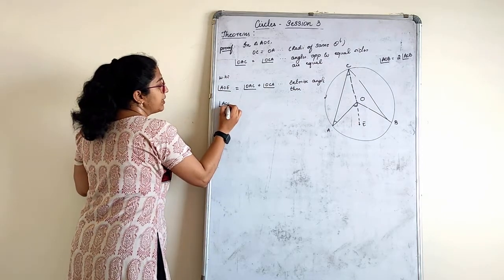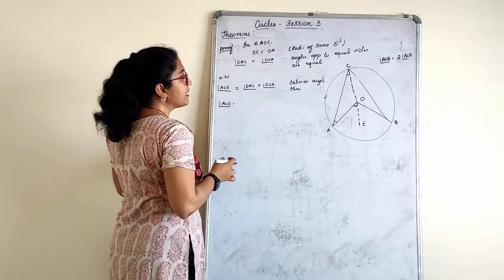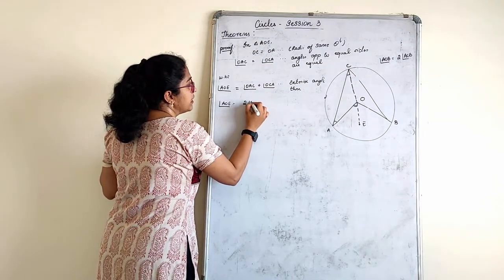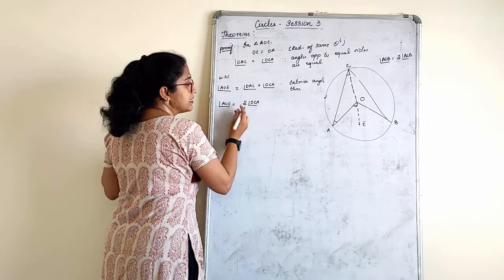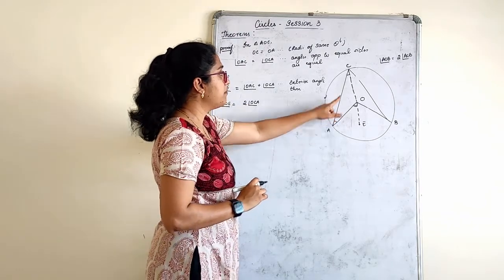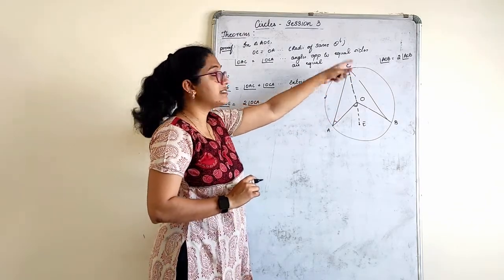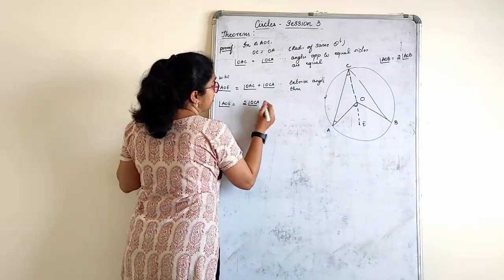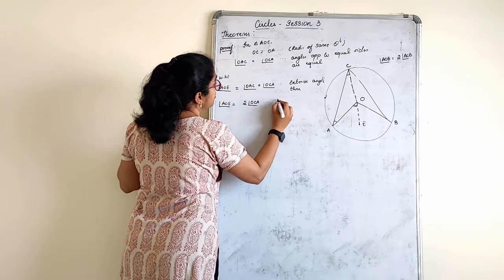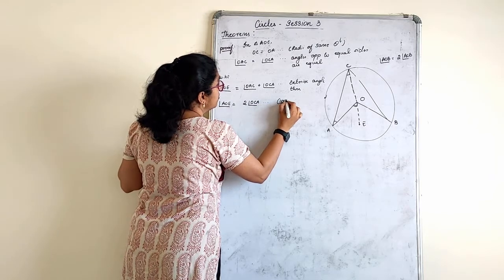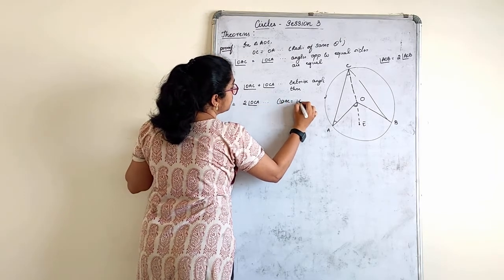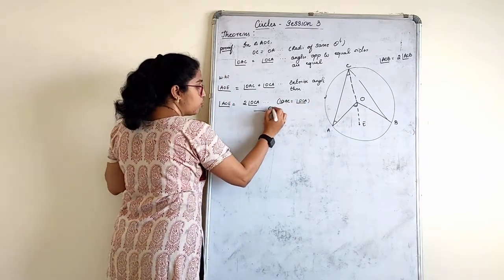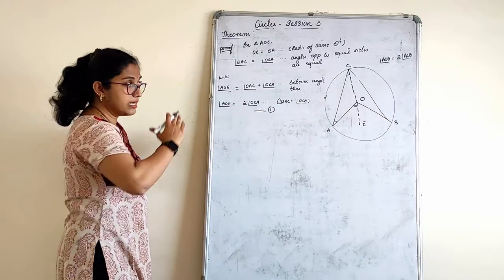But these two are equal, right? Can I write this as twice angle OCA? I can even write twice OAC, but I will use this because this is the part of the inscribed angle. Reason: angle OAC is equal to angle OCA. Equation 1. Keep this as it is.